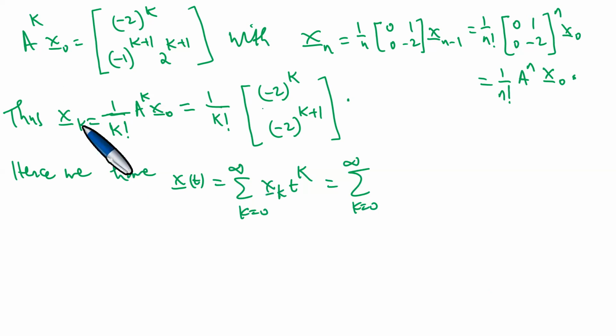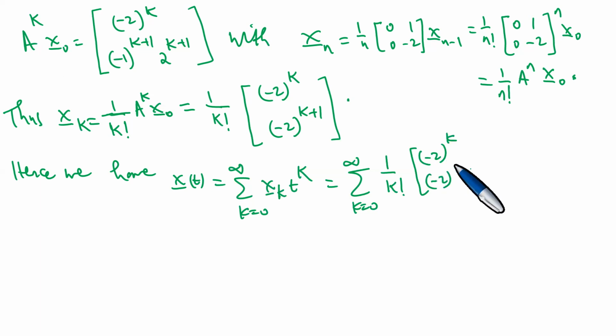So x sub k is this. Then just multiply it by t to the k. So it's going to be 1 over k factorial from this, the vector minus 2 to the k, and then minus 2 to the k plus 1, then t to the k, like this. You just put the t to the k in front, like so.